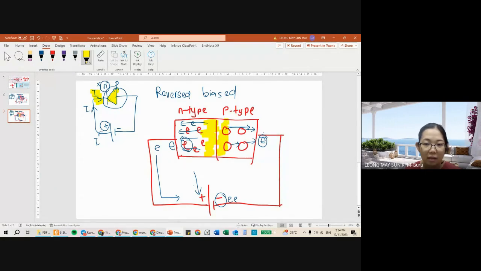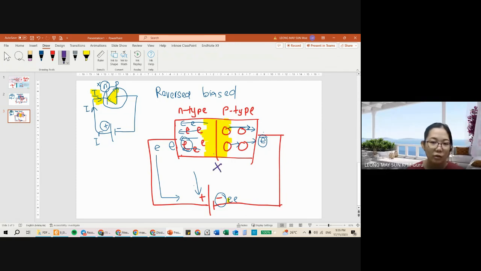This particular boundary has insufficient holes and insufficient free electrons. Why? Because the free electrons of the N-type are attracted to the positive terminal, and the holes are attracted towards the negative terminal. There are no electrons jumping at the boundary.